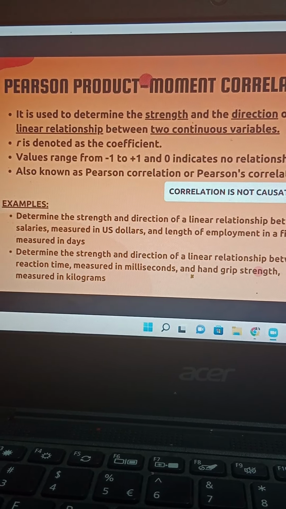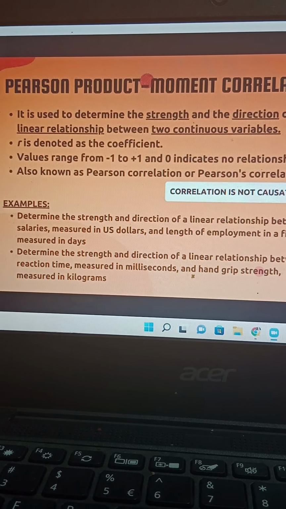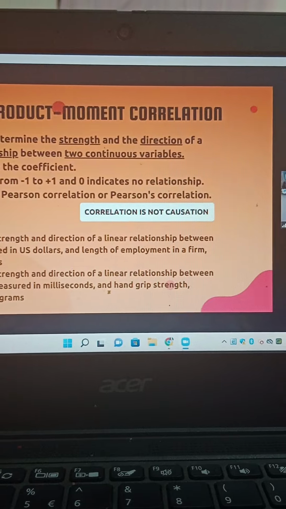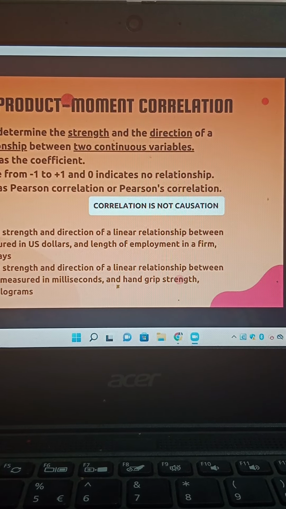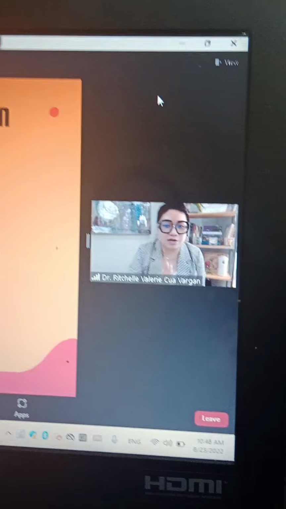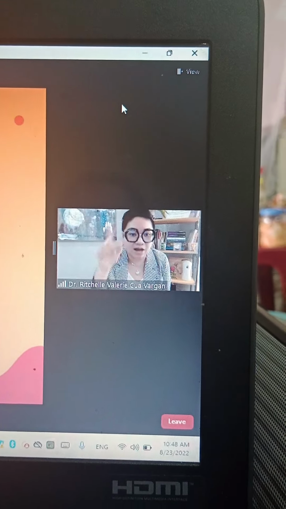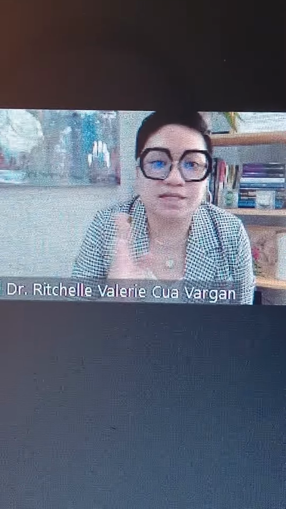We use this to determine the strength of the relationship between two continuous variables. R is denoted as the coefficient, so when we present our data for the Pearson product moment correlation, we denote it as a small letter r. Values range from -1 to +1, and 0 indicates no relationship.